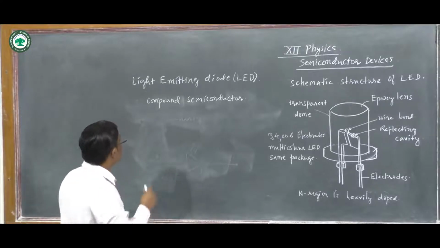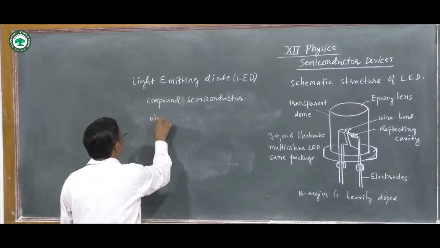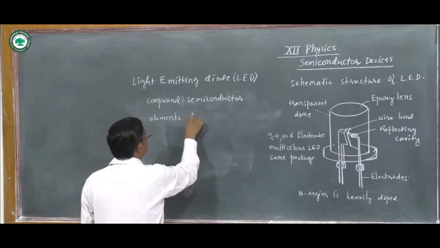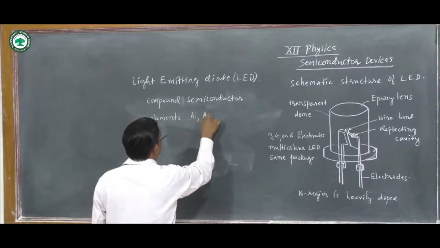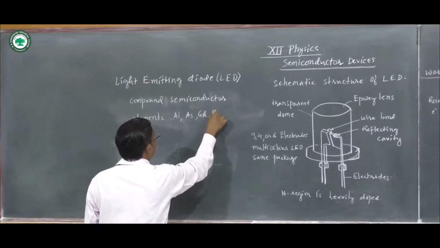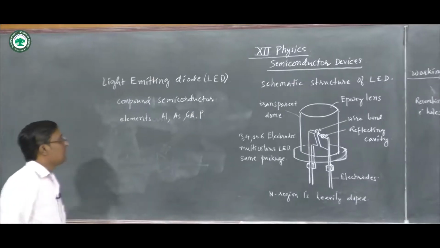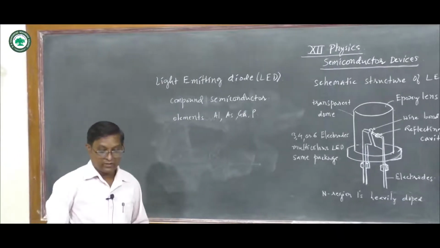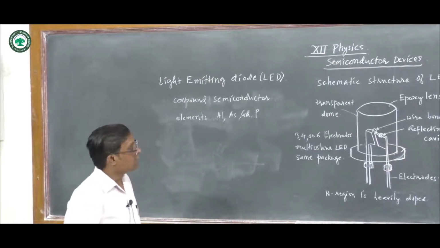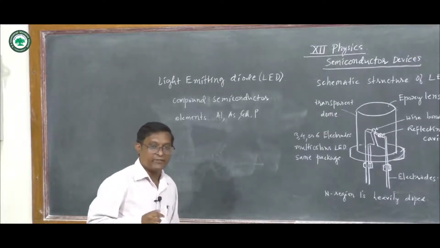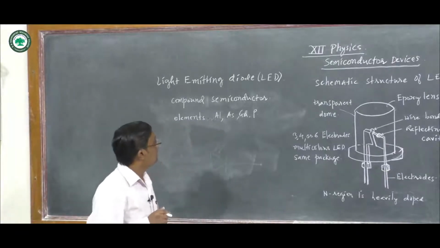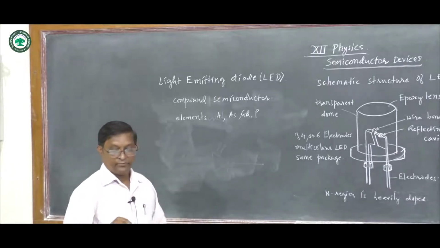Such elements are aluminium, arsenic, gallium, and phosphorus. These elements are used to produce different wavelengths, that means different colors, from the LEDs.